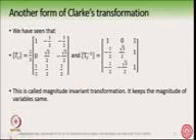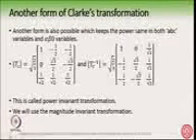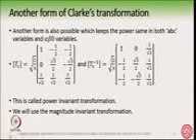Now there is another form of Clark's transformation. We have seen this form where Tc is 2/3 of this value, and Tc inverse is this matrix here. This is called a magnitude invariant transformation, so it keeps the magnitudes of variables the same. However, another form of Clark's transformation is also possible, which keeps the power the same in both ABC and alpha beta 0 variables.